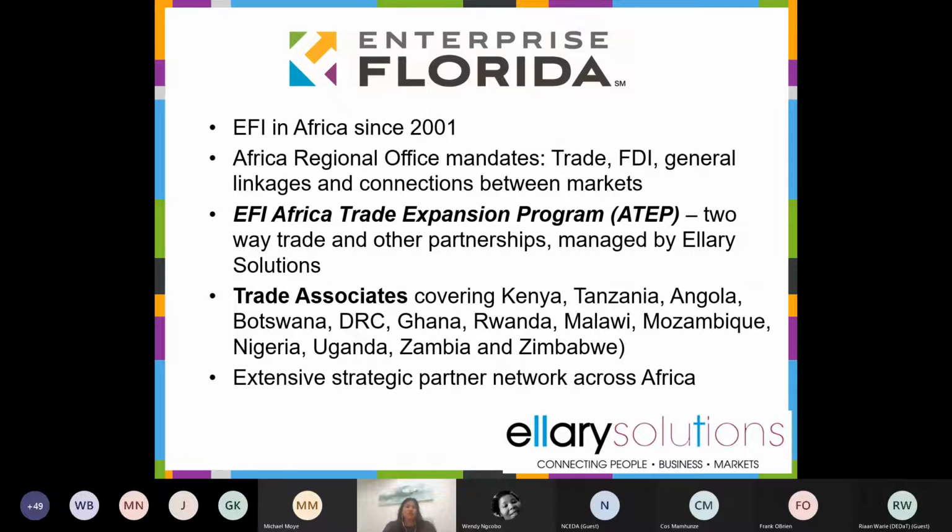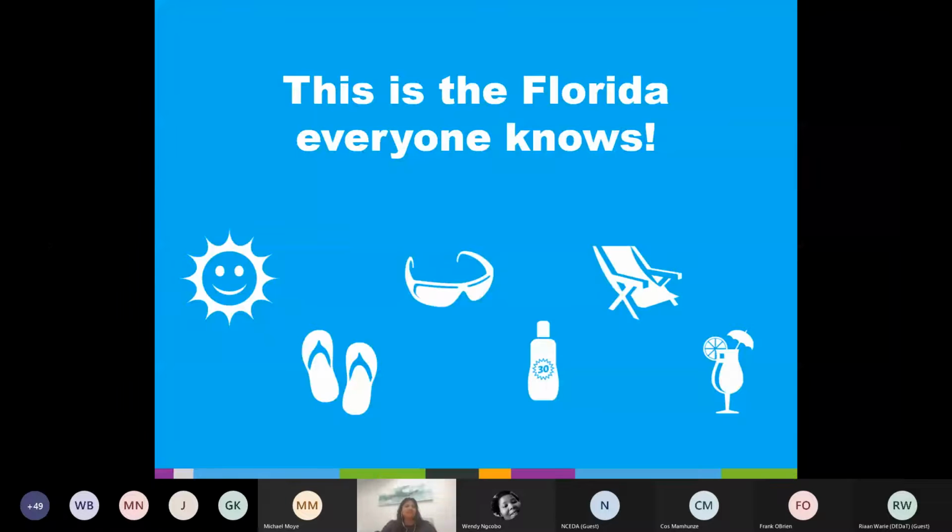We also support general and very broad spectrum linkages and connections between the markets, and I'll elaborate on that further in my presentation. In addition to our very extensive strategic partner network, we also have boots on the ground with trade associates in various parts of Africa. Next slide, please.